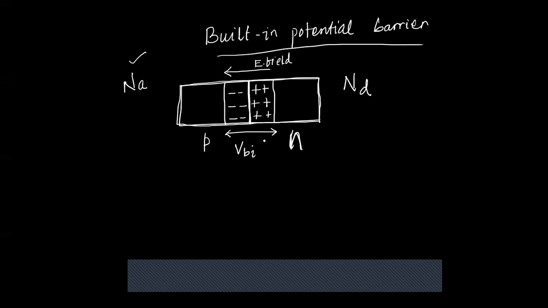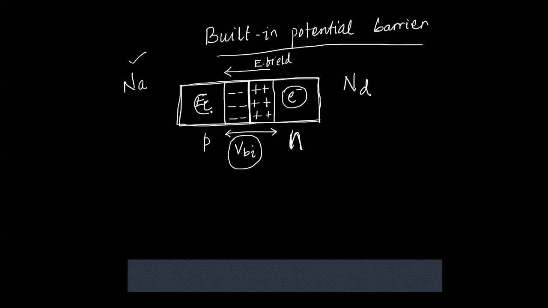As we said, any electron which will try to move from the conduction band of this n region to the conduction band of the p region, because electrons only move from conduction band to conduction band, has to overcome this potential barrier, which we said is Vbi.